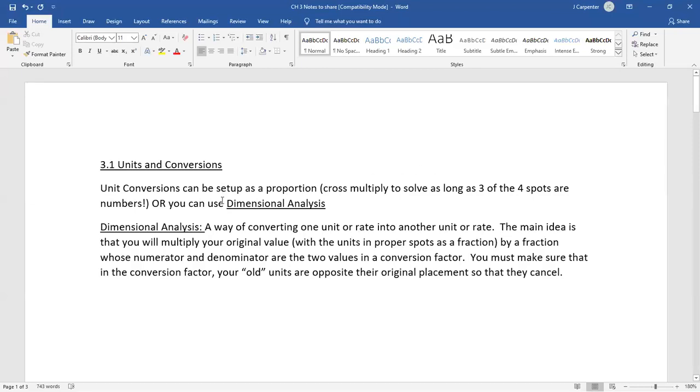So one way to do unit conversions is setting up a proportion, fraction equal to fraction. The other way, and this is going to be the way that I emphasize, I'll do it once or twice as a proportion, but dimensional analysis is a much more efficient method. And the idea behind dimensional analysis, that just getting the right units tells you the answer is right, is such a fascinatingly weak but strong statement.